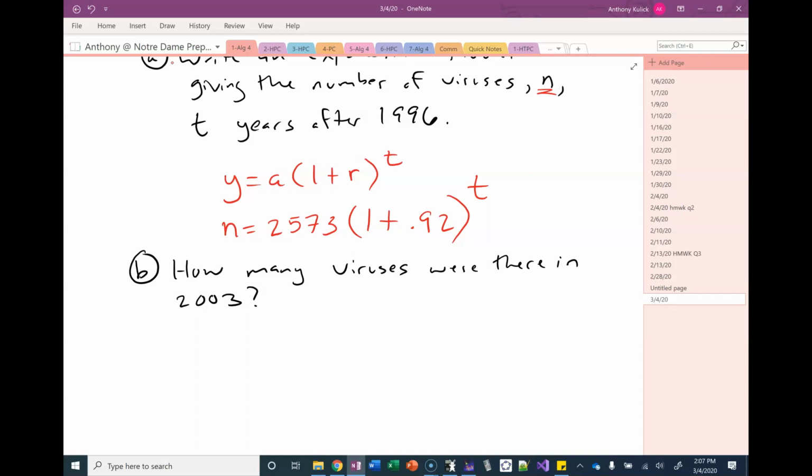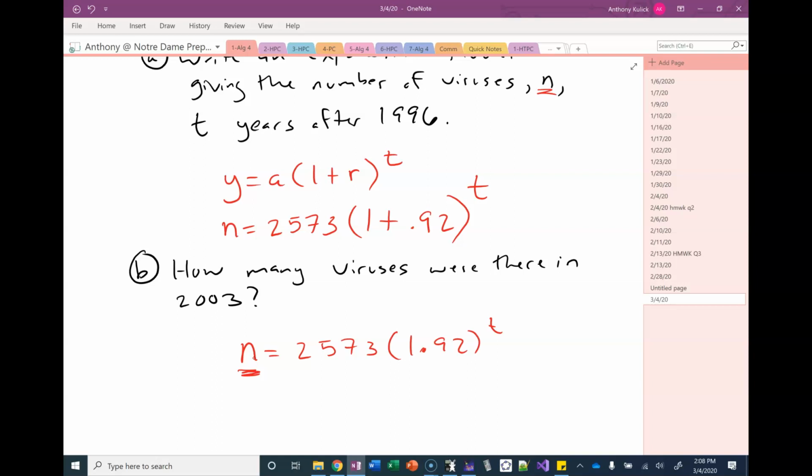It's starting in 1996, right? And then it's asking us about some time in the future. So what we're looking for is our value for n, right? This is what we're looking for in our model. Everybody agree with that? To find n, what are we going to need to know?